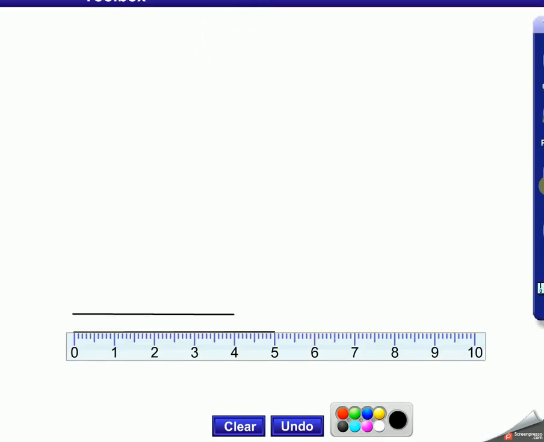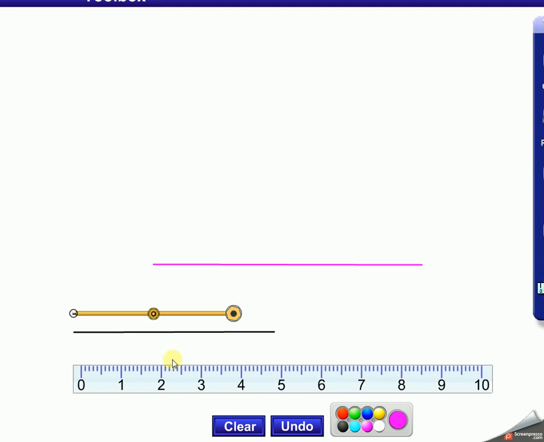So I need to set my compass here. First of all, draw a line, and this one is any length at the moment. I'm going to set my compasses to my 8 centimetre line, which is the upper one. Set my compasses to 8 on my diagram for the exam question.